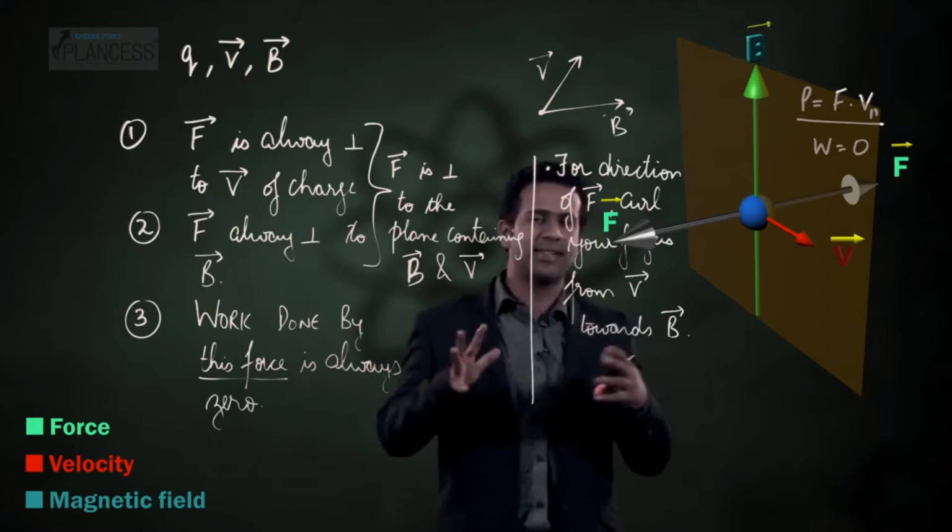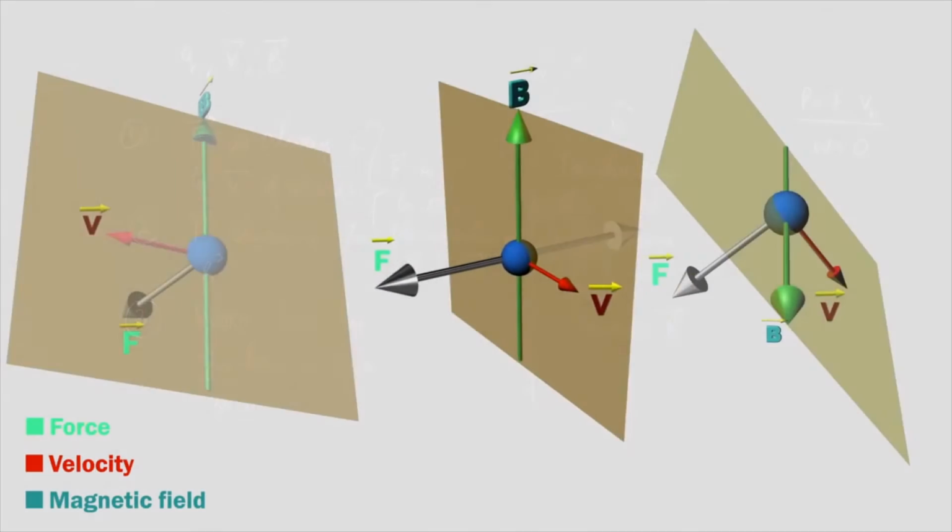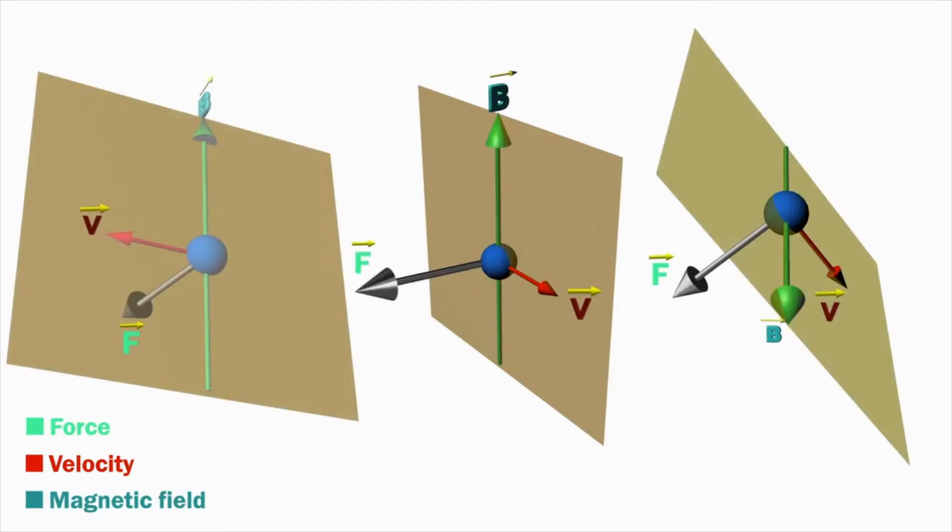Let's look at the three examples we took. See how in all three cases we have already identified the line which is perpendicular to the plane. We are left with the option of two directions. Let's imagine a right hand there. Now, see as this right hand is aligned with V and curled towards B, we get the direction through the thumb.